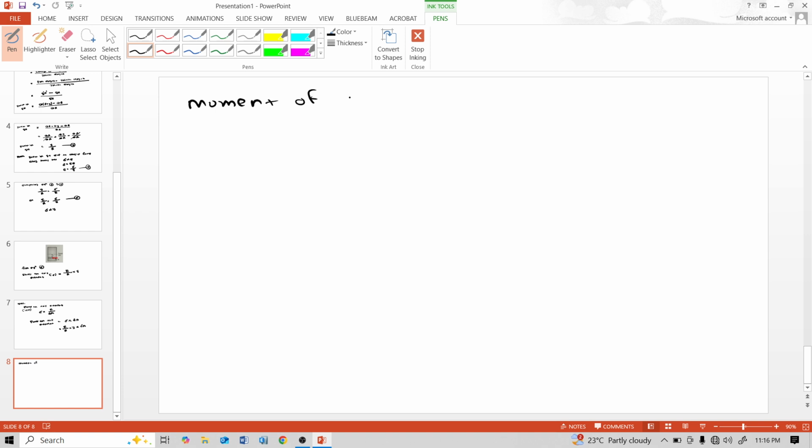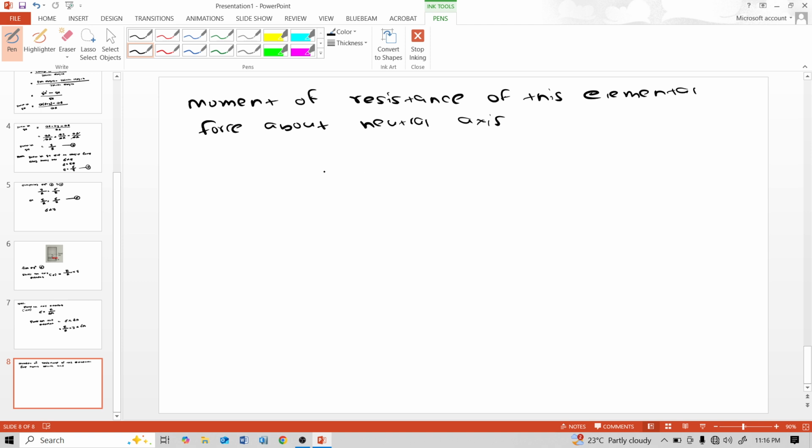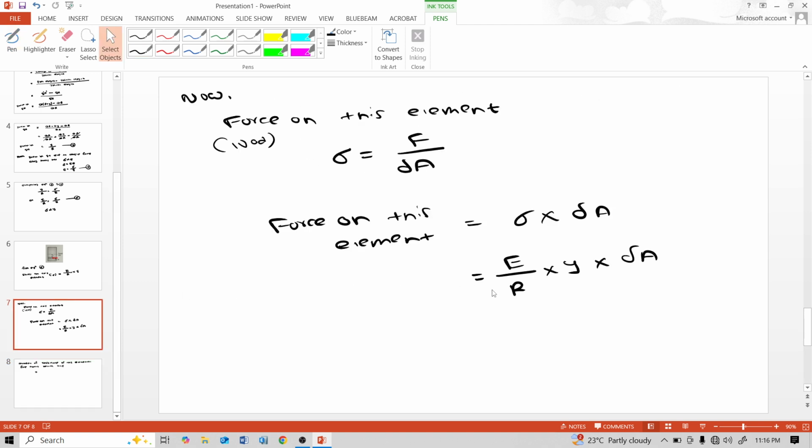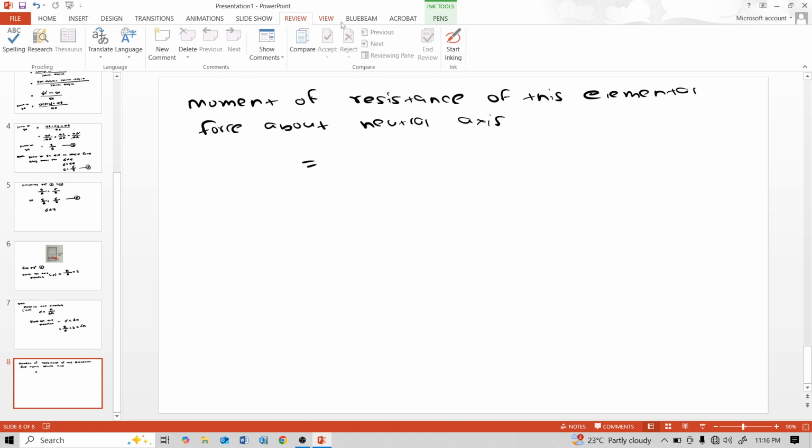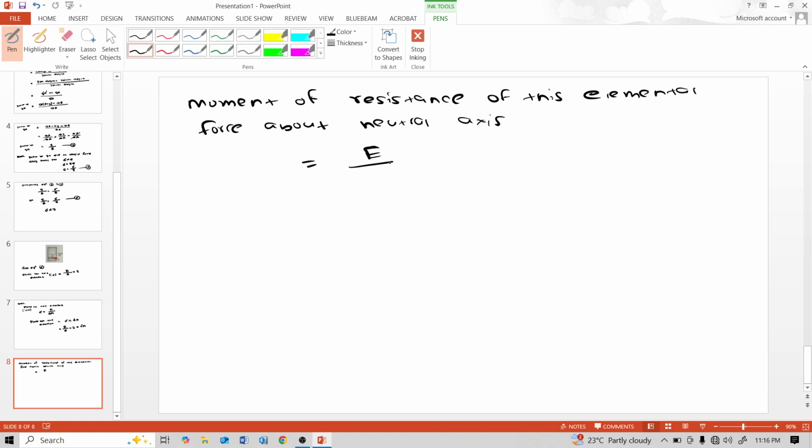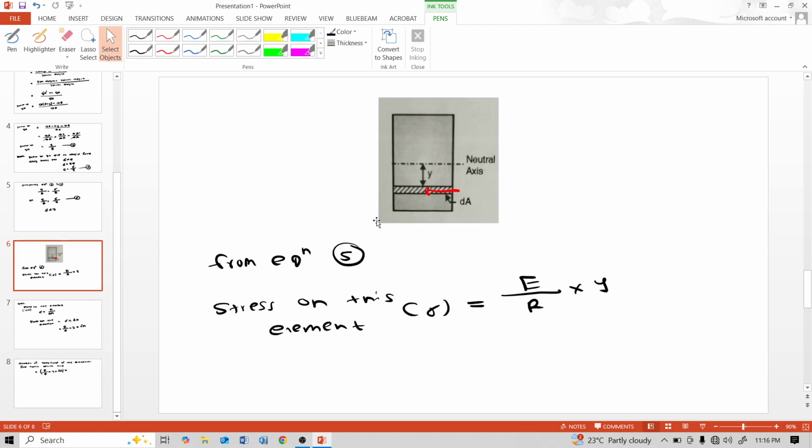Moment of resistance of this elemental force about the neutral axis is this force, E upon R into Y into delta A, multiplied by the perpendicular distance to the neutral axis, y.